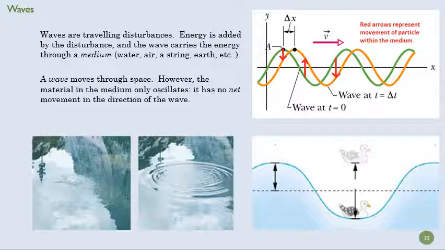Well, imagine this is a string being shaken, right, and producing that wave. Basically, you're going to see this piece of material go in that direction, this piece of material is going to go in that direction, and that piece is going to go in that direction. So the material itself is going to be oscillating up and down, but the wave and the energy of the wave are going to be moving to the right. So that's one of the interesting things about waves.